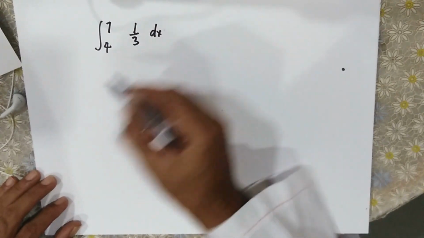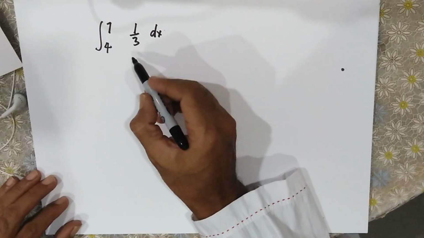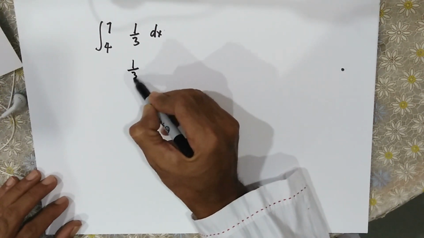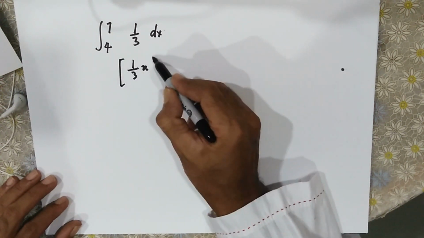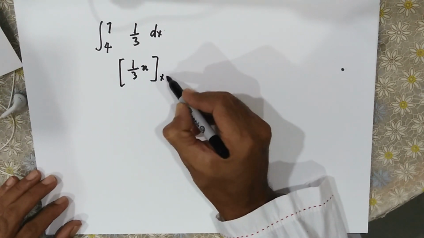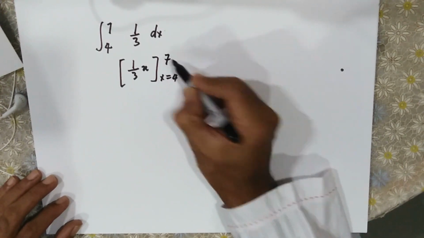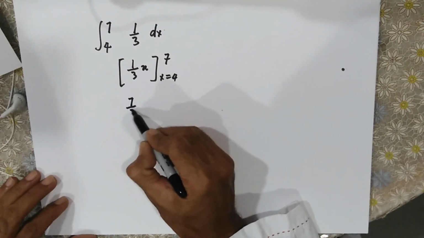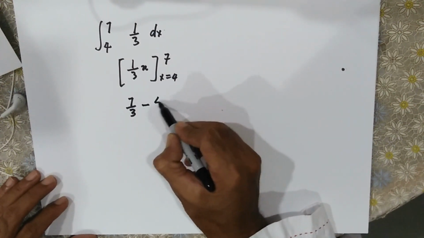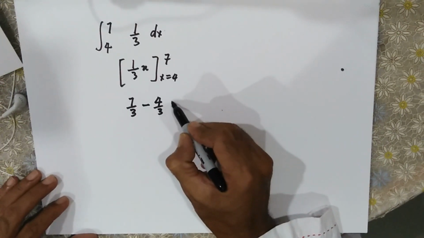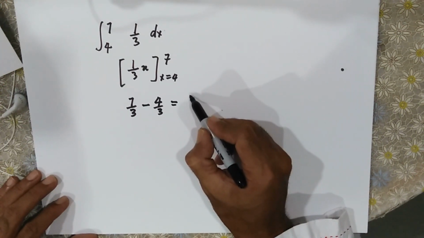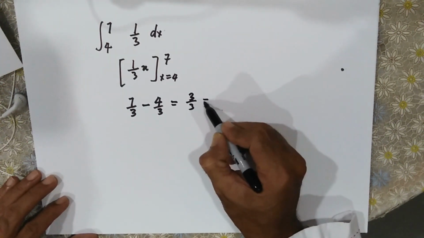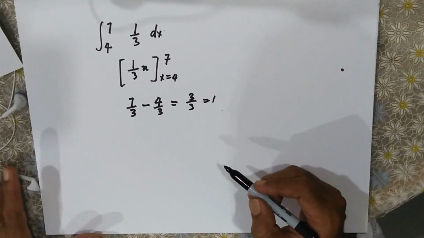If you integrate here, we have 1 over 3 x. Substitute for x equal to 4 and 7, you will get 7 over 3 minus 4 over 3. This will equal 3 over 3, or equal to 1. So we have proved two things here.